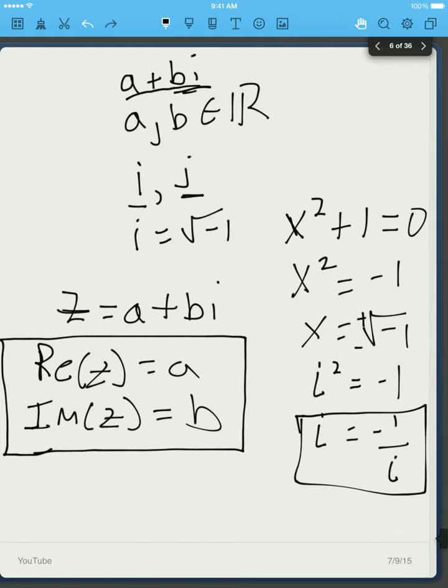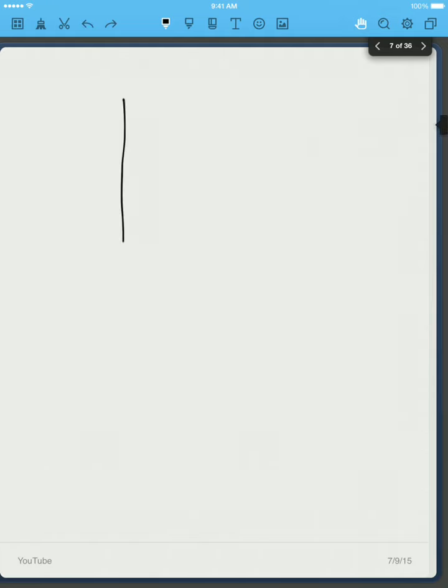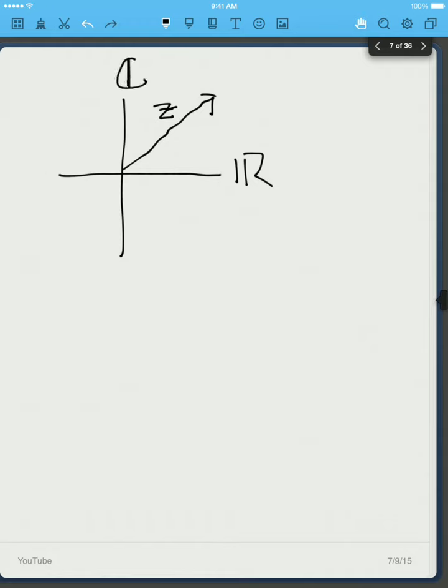If we want to think about complex numbers geometrically, we make a little plot here, and we have a complex number, which we say is z. It has a real part and an imaginary part, so we can think about this thing like a vector. There's a theta here.